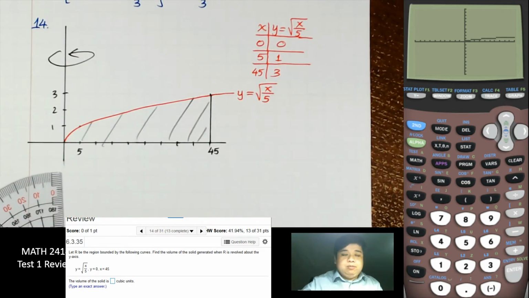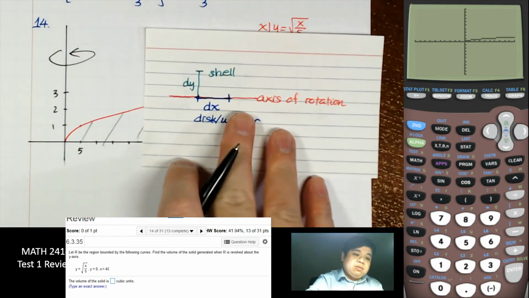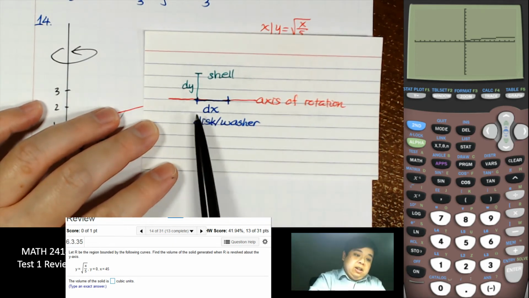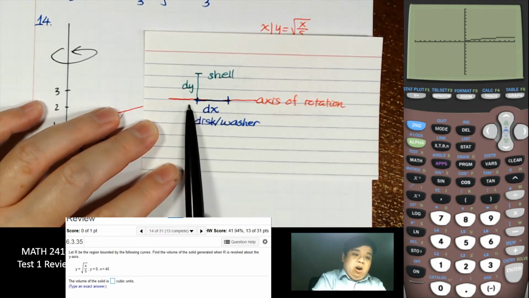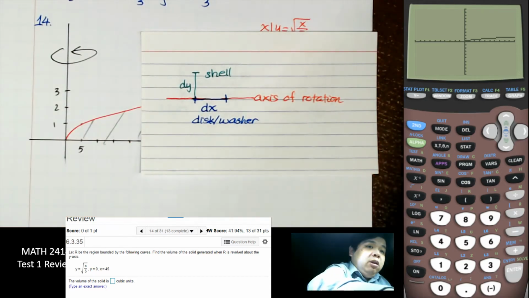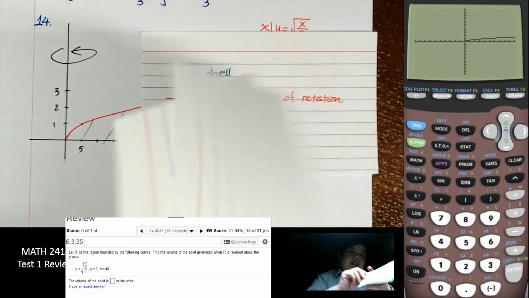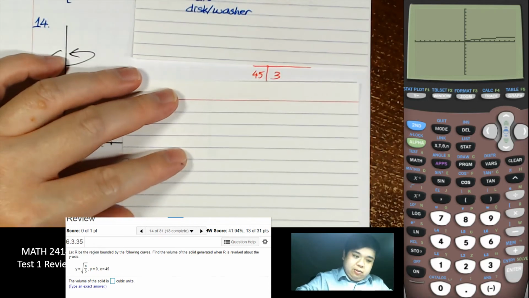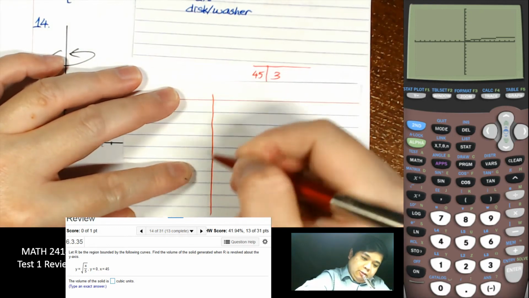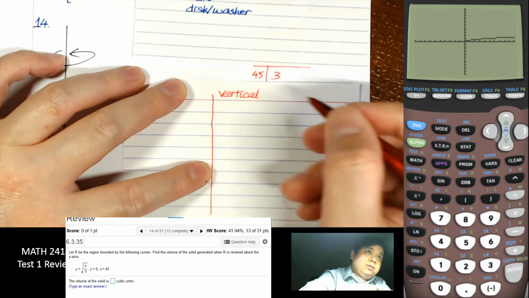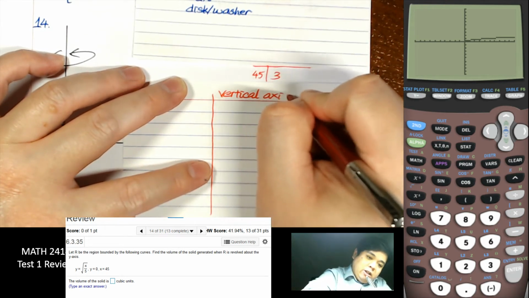Now earlier, if we have the horizontal axis of rotation, the disk or washer method will be along it, the shell method will be perpendicular to it. Now we'll do one more for when we have the vertical axis of rotation.